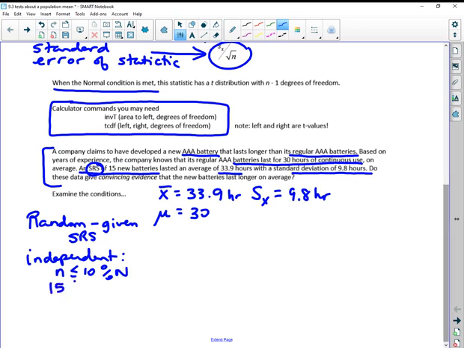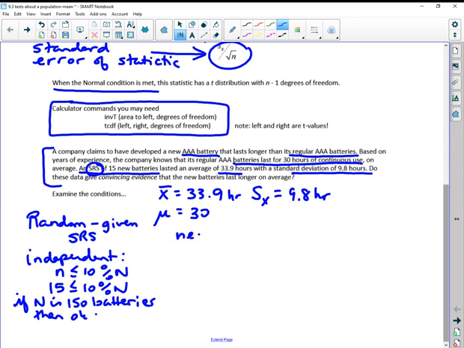And for 15, I would say, if N is 150 batteries or more, then okay. So that seems reasonable to think that this company that's making money making batteries is probably making at least 150 batteries.